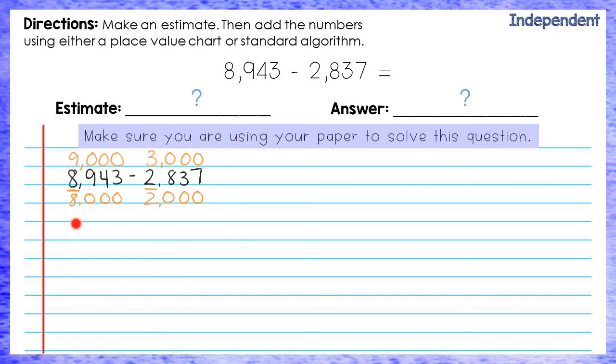Down here, you will subtract 9,000 minus 3,000, which will give you your estimate that you write in the estimate text box on your slides. Then you may solve the actual answer over here using either a place value chart or standard algorithm. Go ahead and finish the problem.